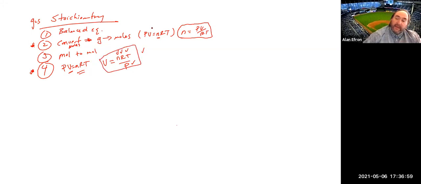Also, a reminder that even though we sometimes think about other stoichiometry problems like solution stoichiometry or gas stoichiometry, it is possible to have a limiting reagent type problem in one of these. And you would just follow the same rules as we talked about when we talked about limiting reagents.